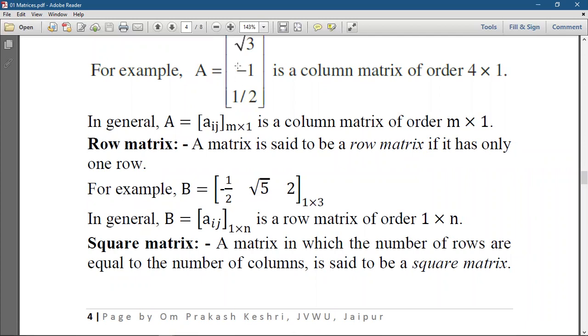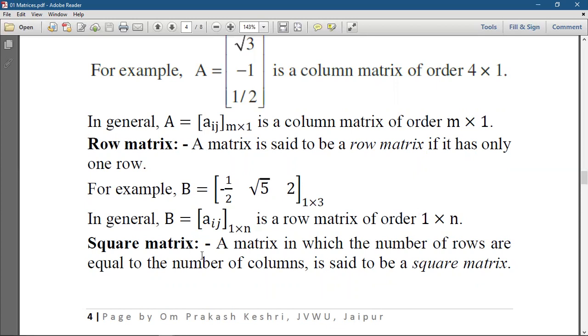The other one has only one column, and this one has only one row. In general, this can be represented as B equals Aij. You can also write Bij. When we use two matrices, then we can write Aij, Bij, Cij, Dij for the sake of convenience. And here B equals Aij of order 1 by n is a row matrix of order 1 by n.